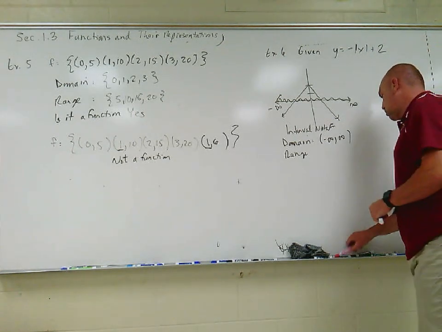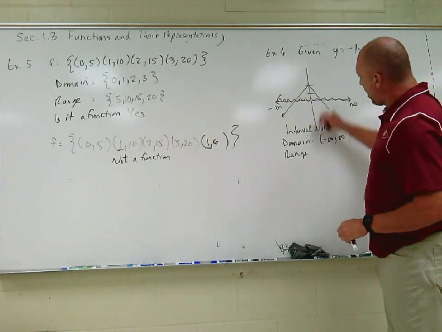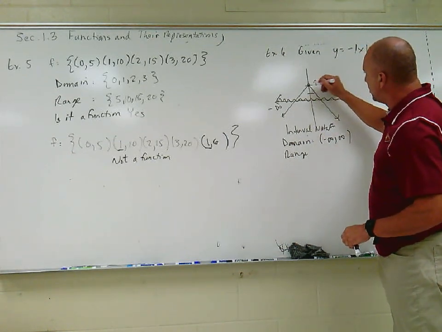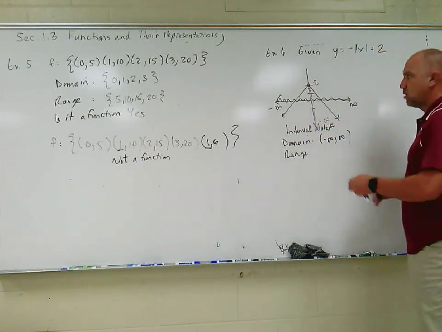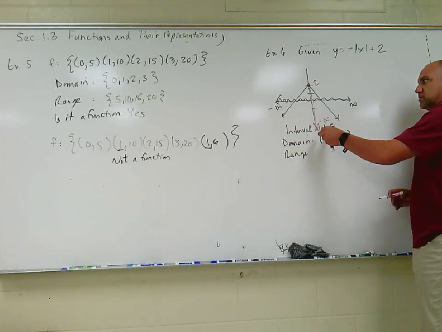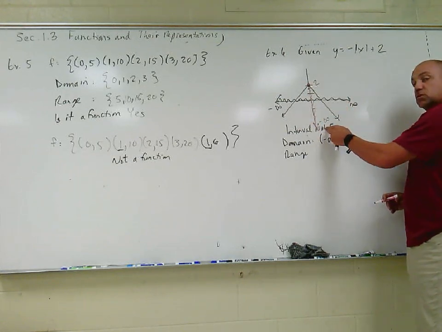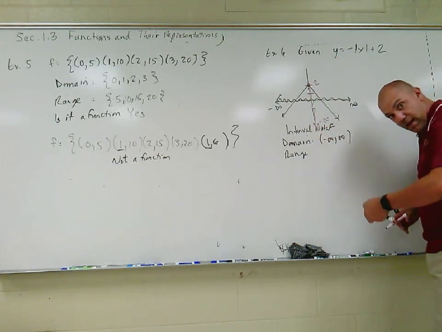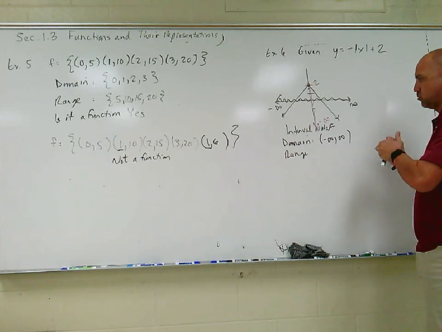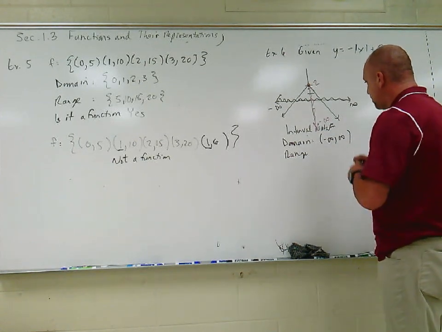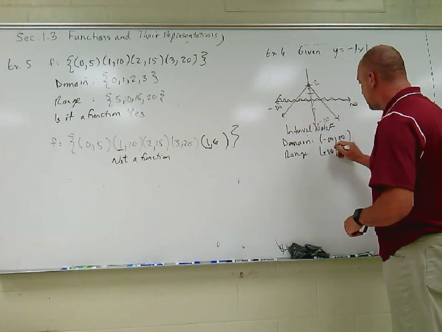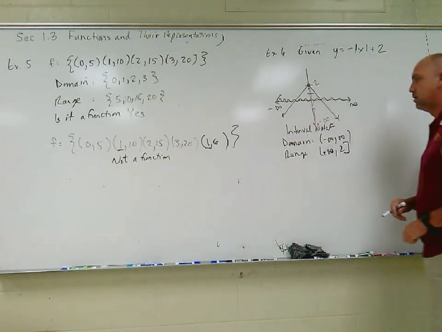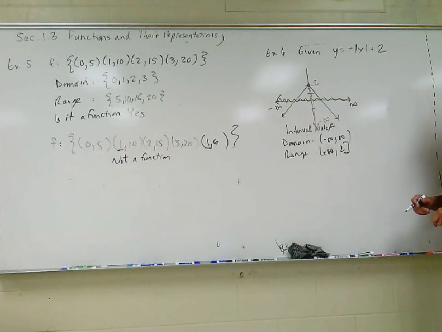If you look, the graph goes down forever, and this is 2 here. All of these y's are used, and that's negative infinity. I just think about what the y's that are used are. Most of us would say 2 to negative infinity because we look down, but we always want to go in increasing order. So you had it right: parenthesis at negative infinity up to 2 bracket. You just put it like that, okay?